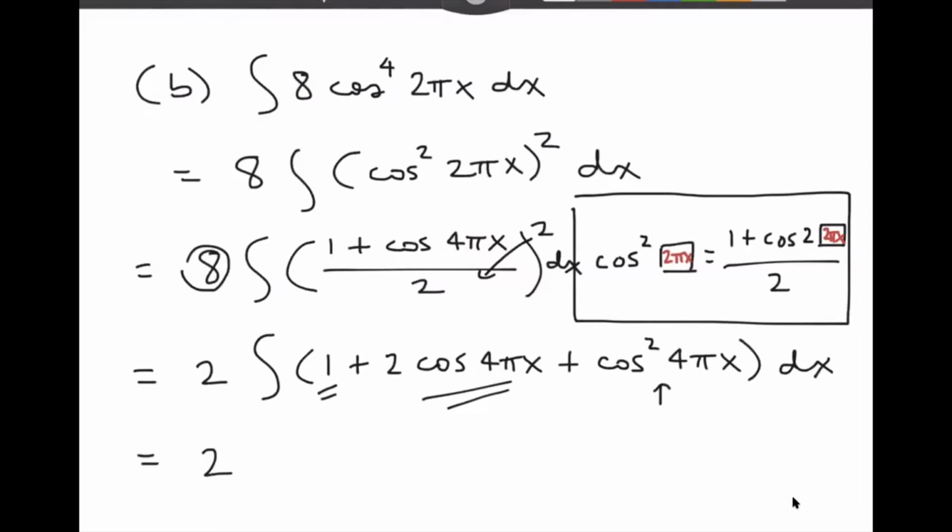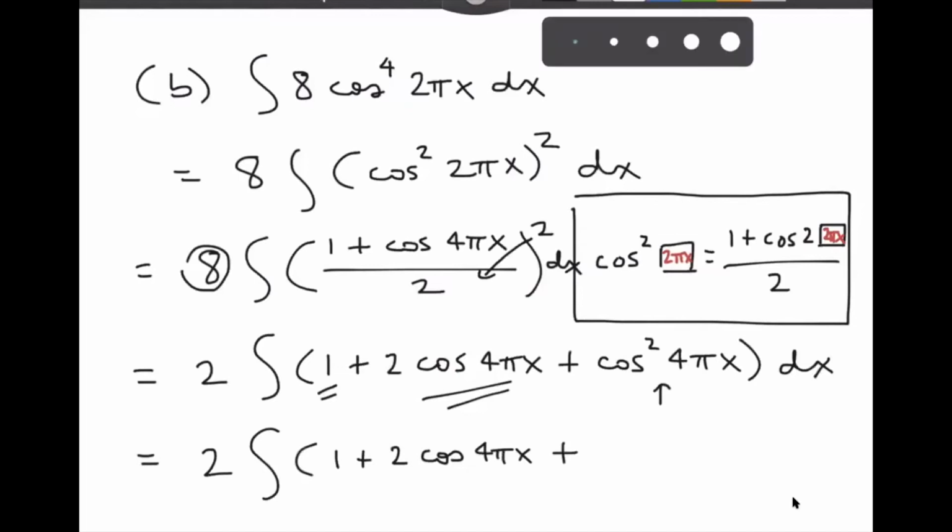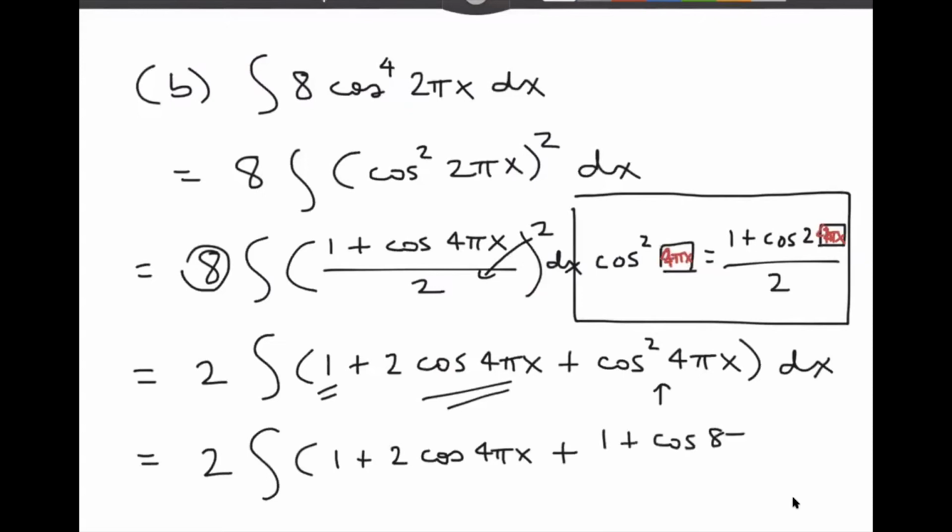All right, so let's leave everything the same, except, okay, now just imagine that in the box here, oh, well, we don't have to imagine, do we? I could just write it over top. So now this is a 4 pi x. This is a 4 pi x. So now what I'm going to put here is 1 plus cosine 8 pi x over 2.